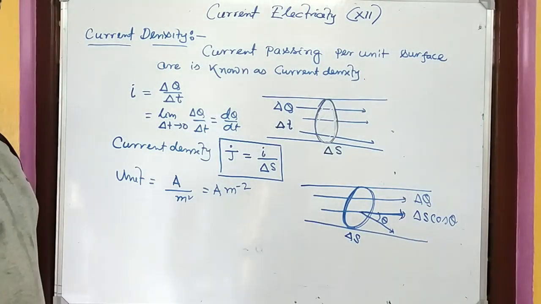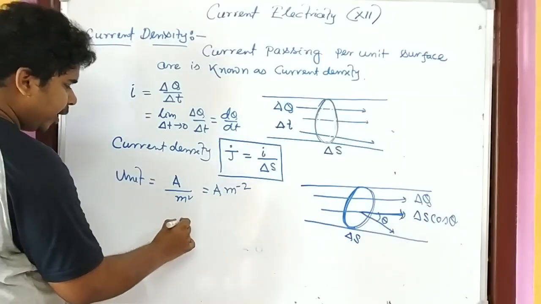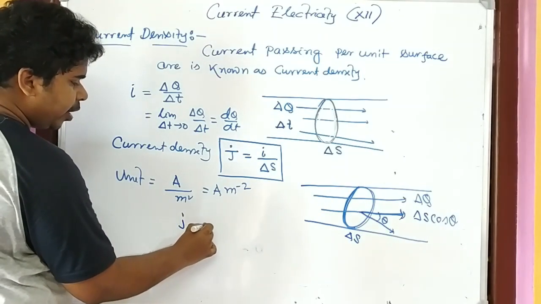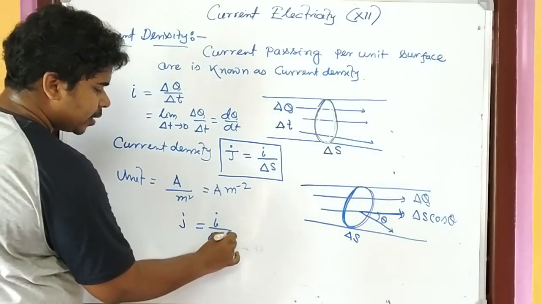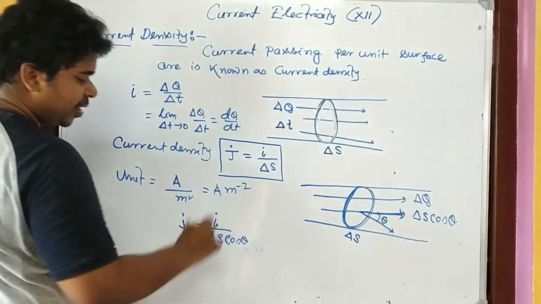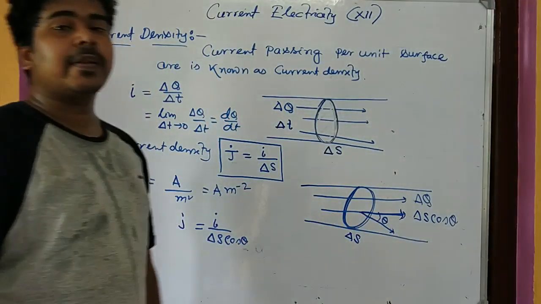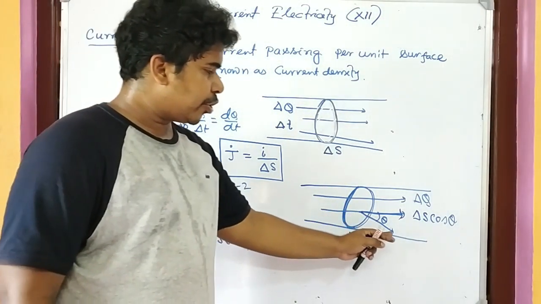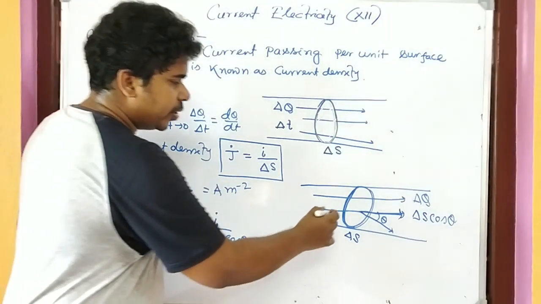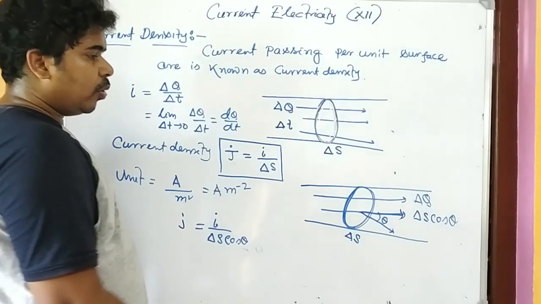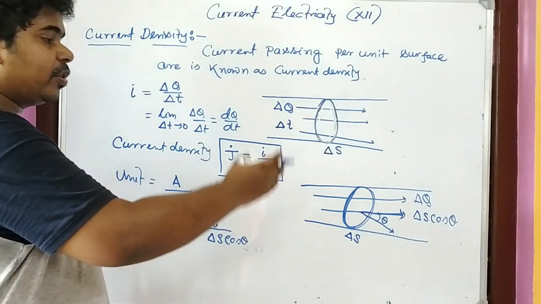So J equals I by del S cos theta. Why are we taking del S cos theta? Because the direction of the surface is along its perpendicular, but we have to take the area along the direction of the charge.